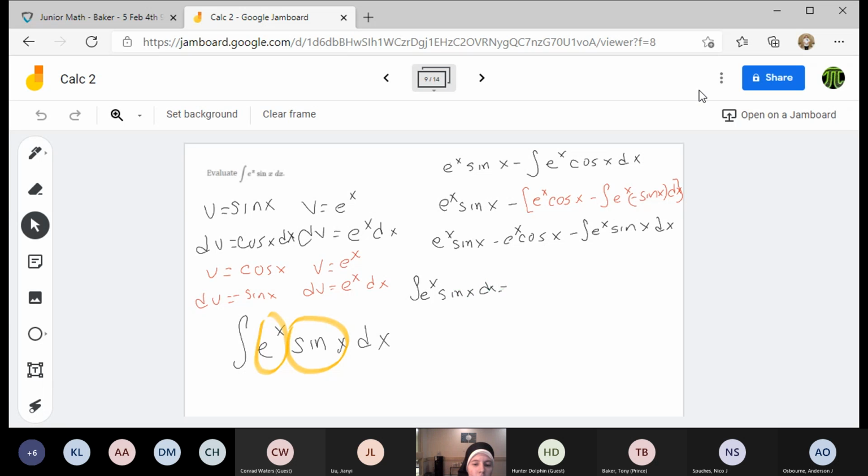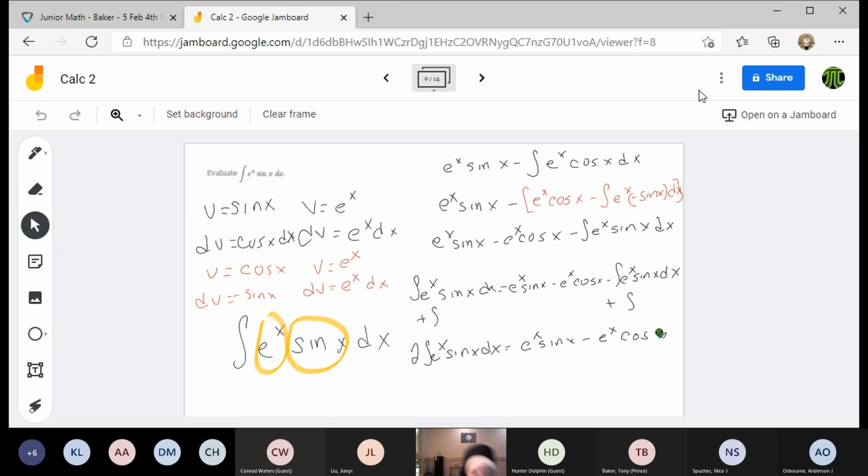Let's see if I can write this small with my hand so I can finish writing it in one line. So you have two sides of your equation, and we can manipulate those two sides of the equation, the integral, to both sides because they're the same. And I have 2 integral e to the x sine x dx equals e to the x sine x minus e to the x cosine x.